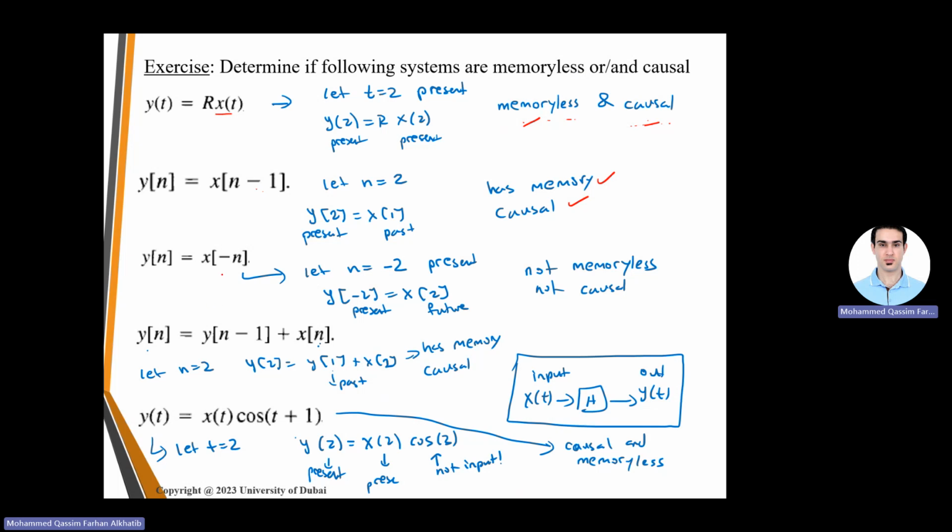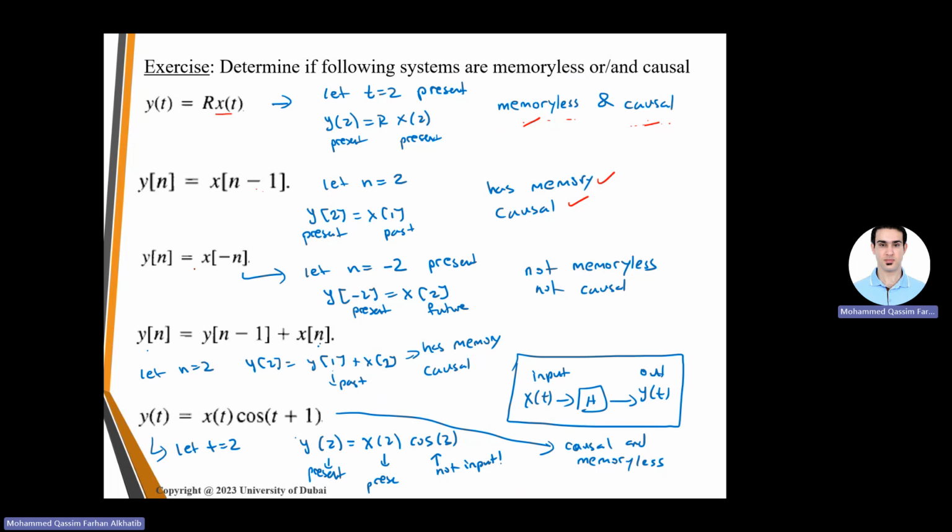Here, time reversal. If you have the value of n equals 1, you are looking for x of negative 1. So you rely on a point in the past. So in this case, it has memory. Now, what about at n equals negative 1? y of negative 1 equals x of 1. It relies on the future.